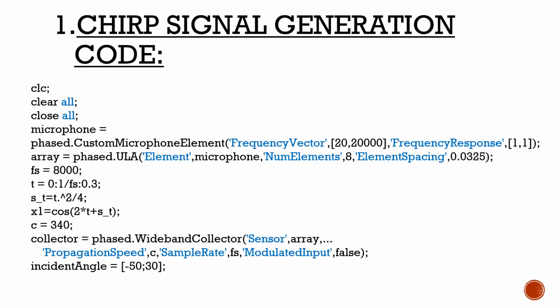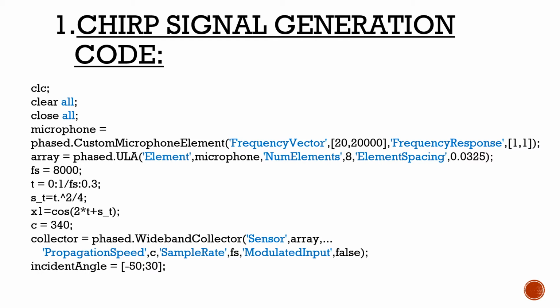Now we can see the code for the generation of a chirp signal. In the fourth line of the code, we see phased.CustomMicrophoneElement. This creates a custom microphone element with a frequency vector from 20 to 20 kHz and a frequency resolution of 1.